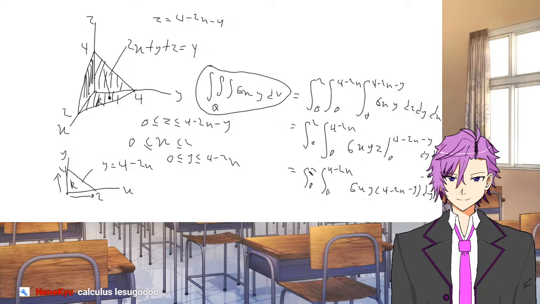So 6xy times 4 is 24xy, minus 12x squared y, minus 6xy squared, dy dx.